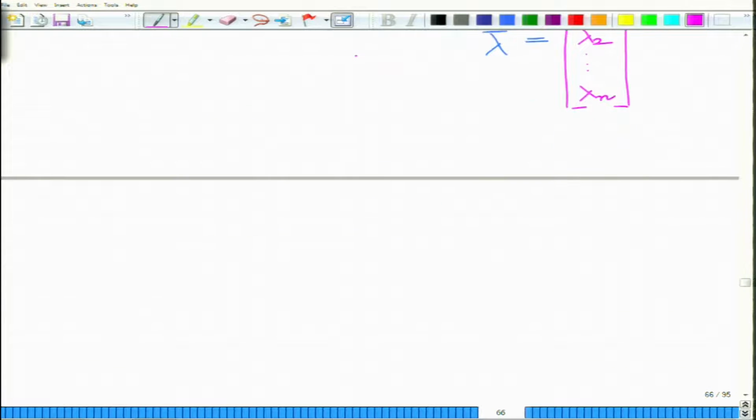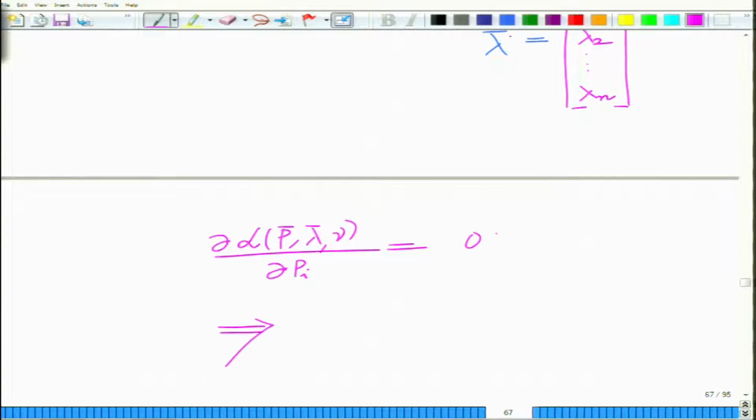Now, differentiate this with respect to Pi.